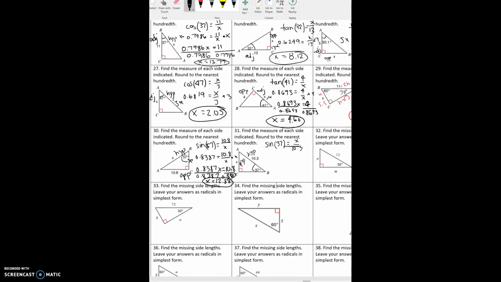The sine of 37 is approximately 0.6018. Multiply both sides by 10.3. And 6.199 is approximately equal to x.